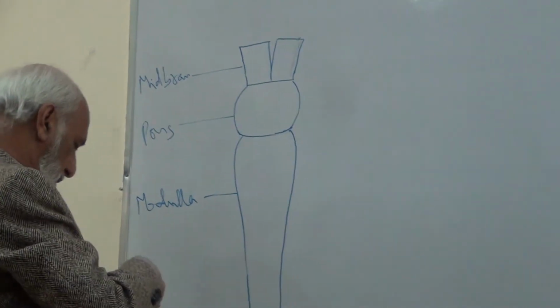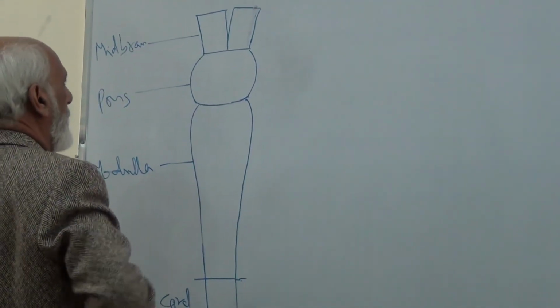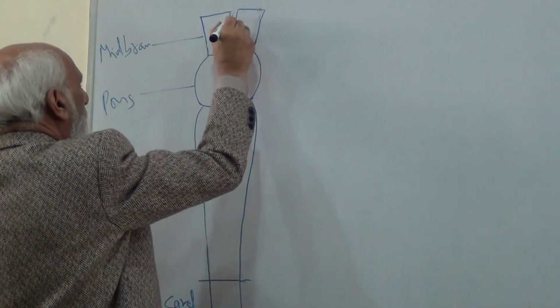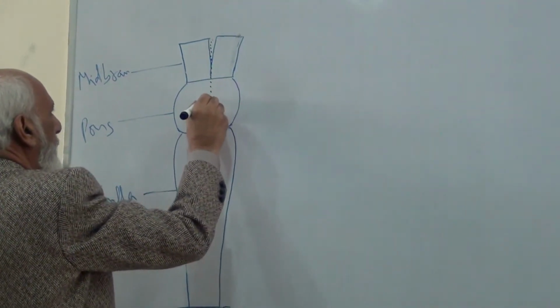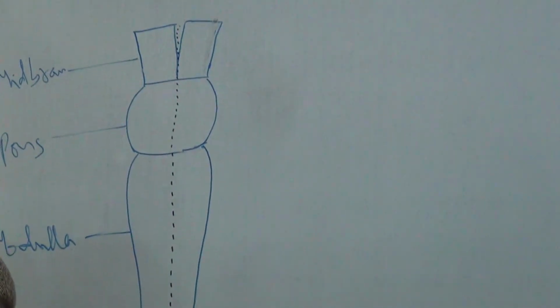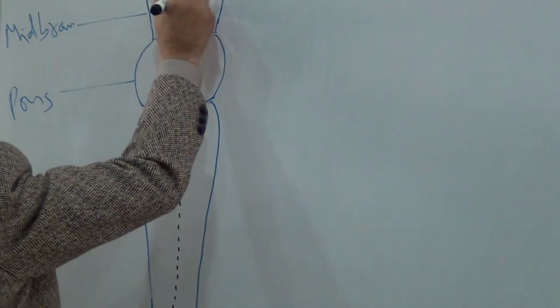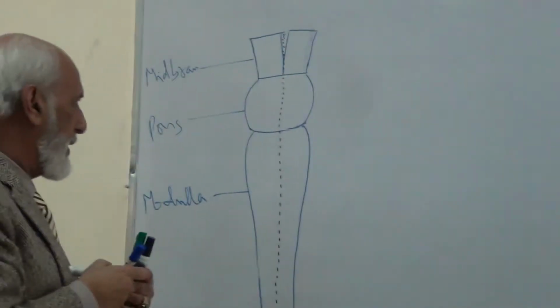Now, suppose this is the middle line of the brainstem and spinal cord.